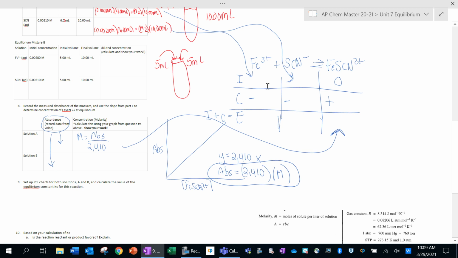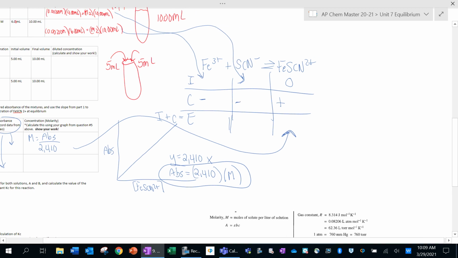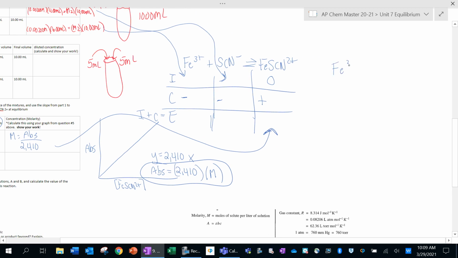Okay, so you're going to have 2 of these, right? So you're going to have 2 ICE chart setups because you ran 2 experiments.